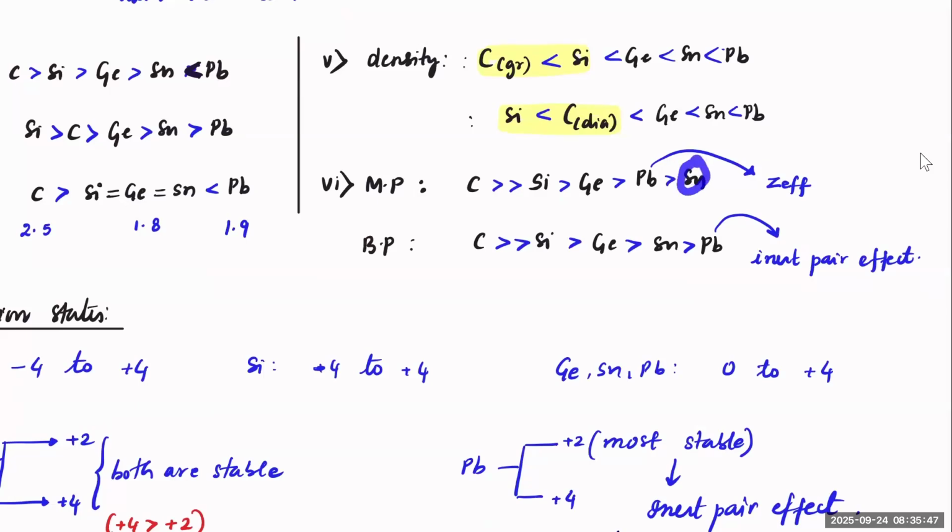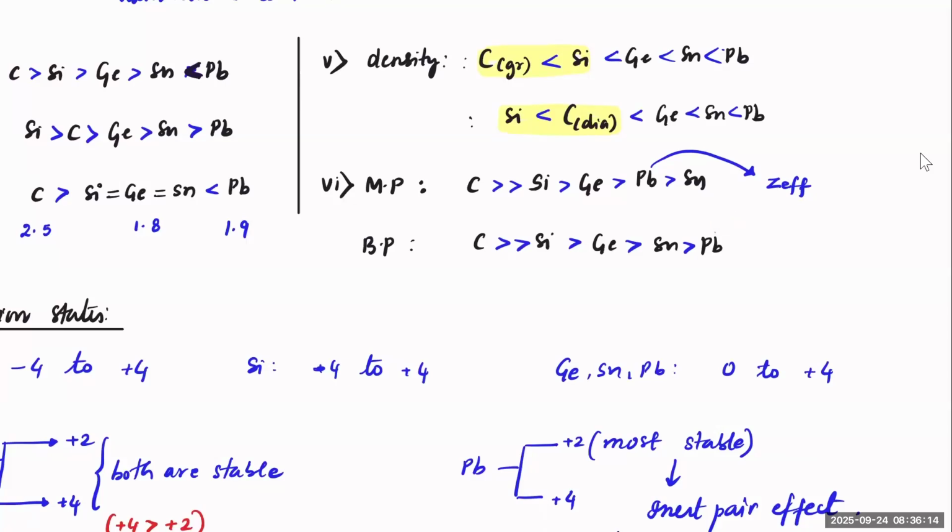So the metallic character of tin would be more because the participation of electrons is easier in tin as compared to lead. And boiling point has to do more with the molar mass. Molar mass wise, if you notice, lead will have more molar mass, and that will account for a better boiling point here. So this is the part that explains boiling point.